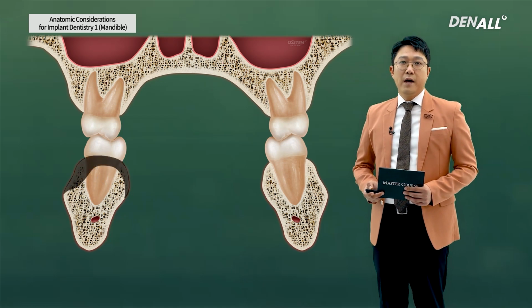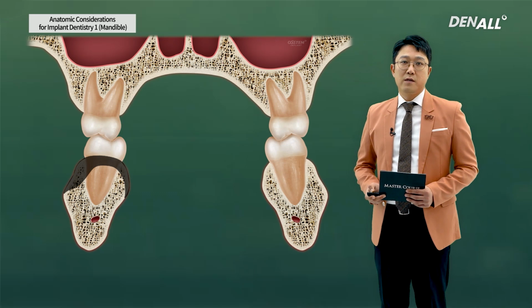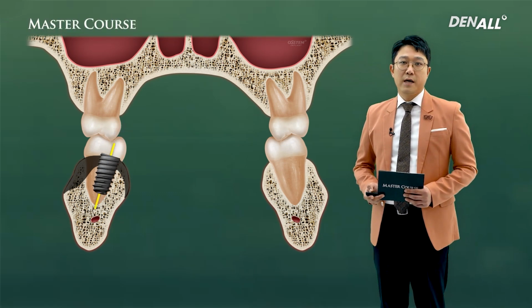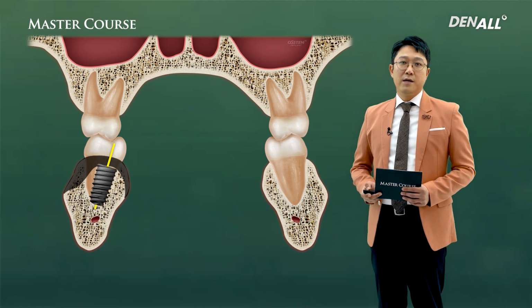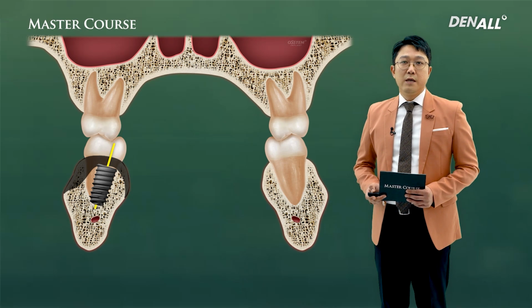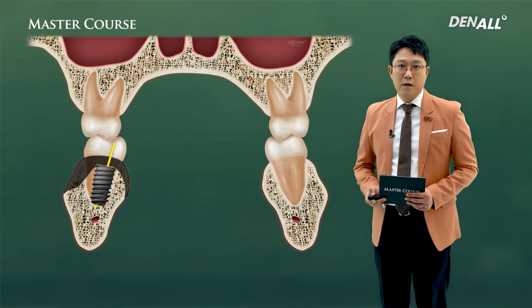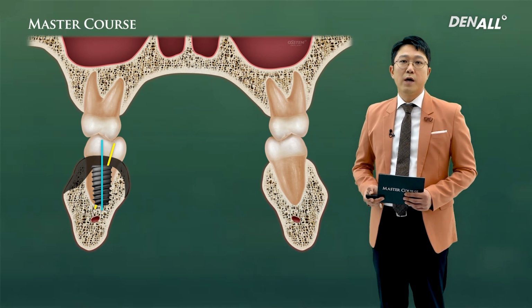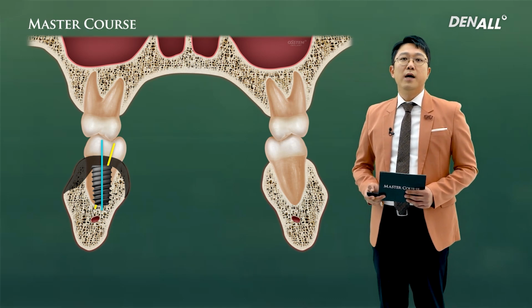However, when a lower tooth is extracted and the ridge is horizontally resorbed and the implant is placed considering the resorbed bone, the implant will tend to incline lingually too much. In this case, the lingual inclination angle should be reduced to place the implant more vertically. Then the fabrication of the prosthesis can be made easy.